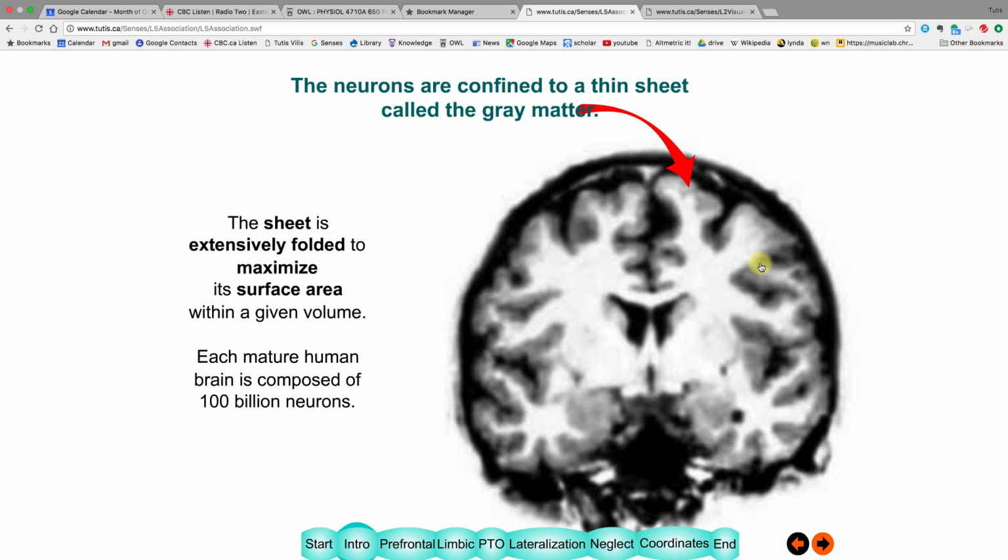So you can fit a paper bag in a tiny little crumple, and all its covering is confined in a small volume. So the same here. All your neurons, the 100 billion of them, are located in this gray matter. And you want as much of it as possible, because within those synapses, the connections to these cells, is where all your memories are stored. This is where the important part of the brain is.